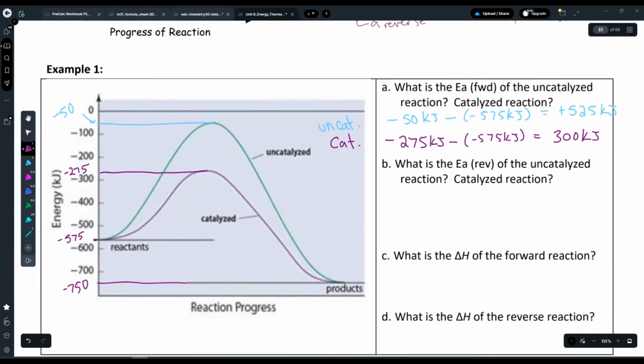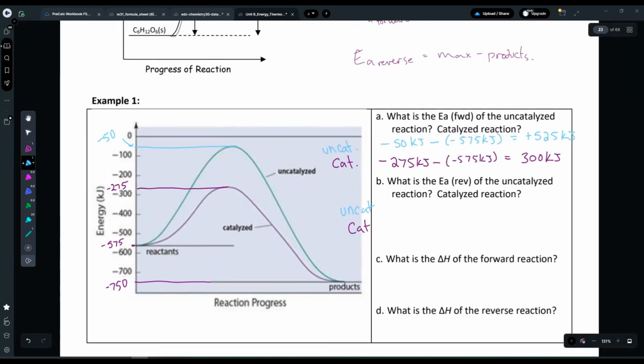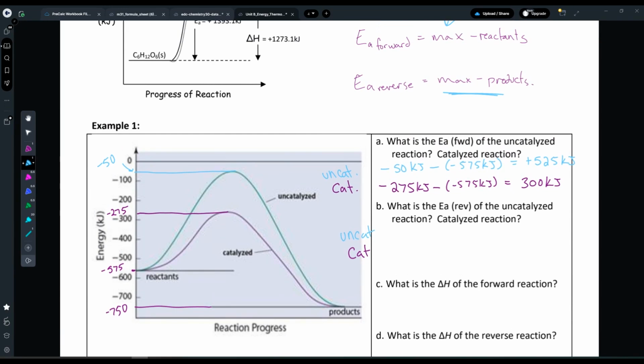All right, now we're figuring out the activation energy for the reverse of the uncatalyzed and catalyzed reaction. So for the reverse, remember we're going the max minus the potential energy of the product. So the max for the uncatalyzed, that was negative 50 kilojoules, minus our products, which we said was negative 750.